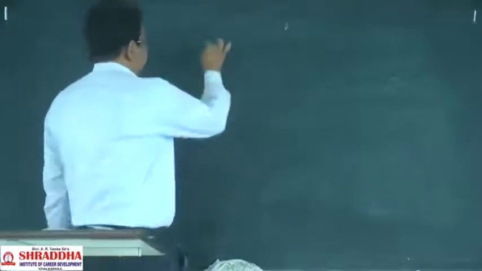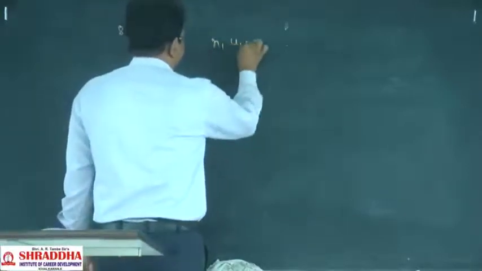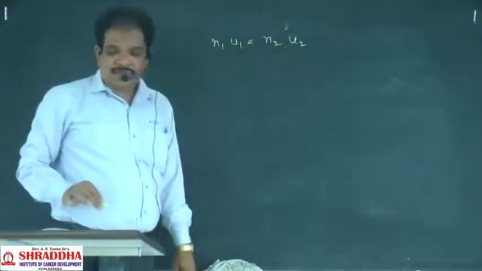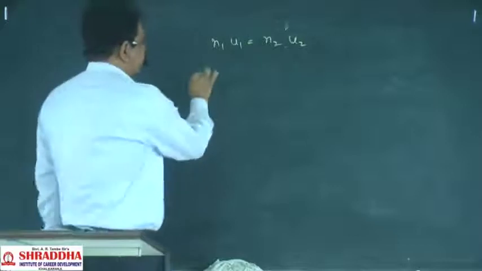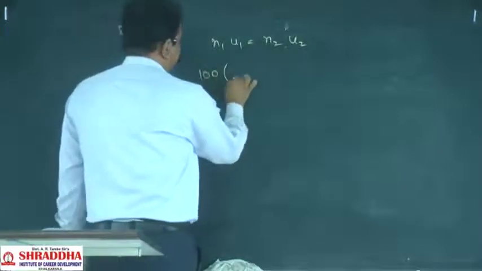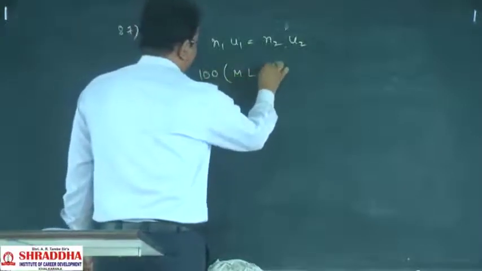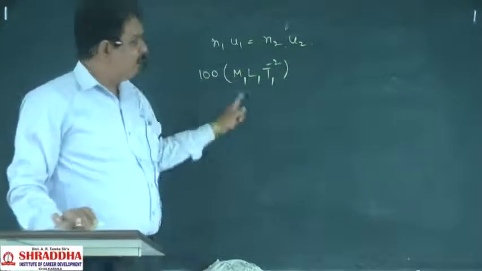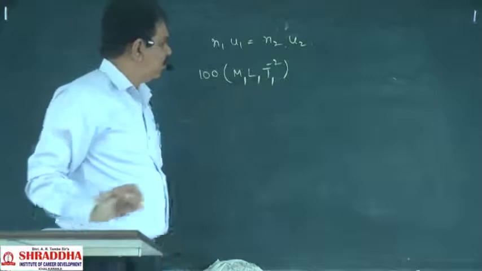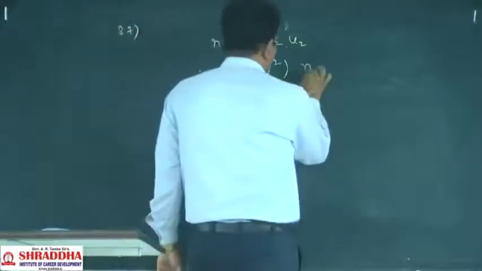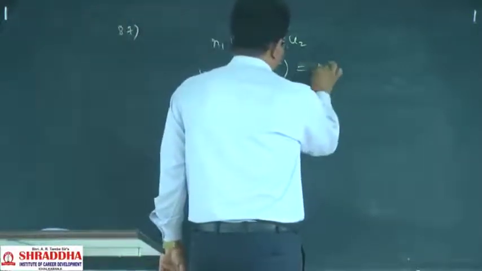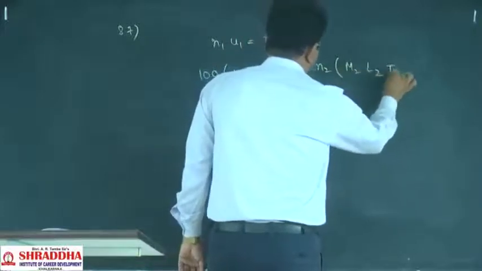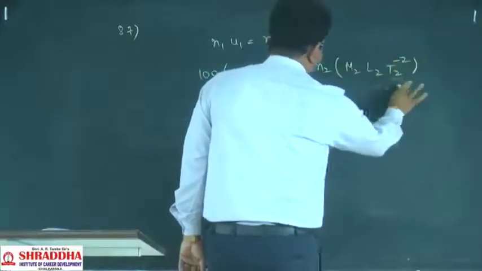So N1 U1 is equal to N2 U2. So N1 is 100. Dimensional formula ML T power minus 2. Write it as M1 L1 T1 power minus 2, N2 is equal to M2 L2 T2 power minus 2.